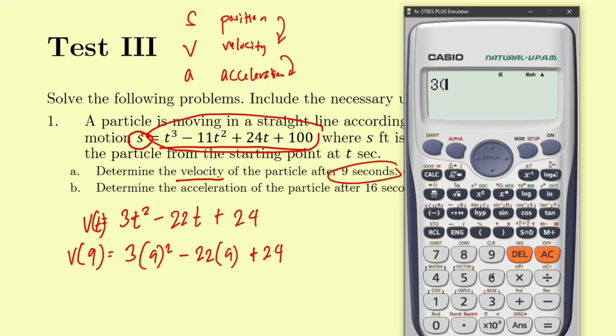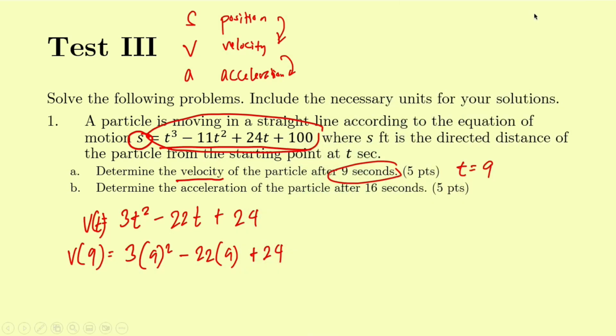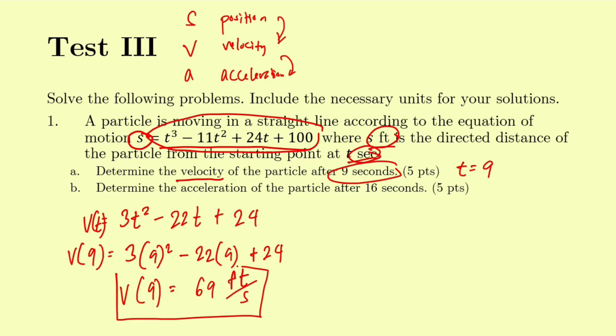It's equal to 69. So v of 9 is equal to 69. The answer here is 69. Velocity has the unit of feet per second. So feet per second. That's the answer.